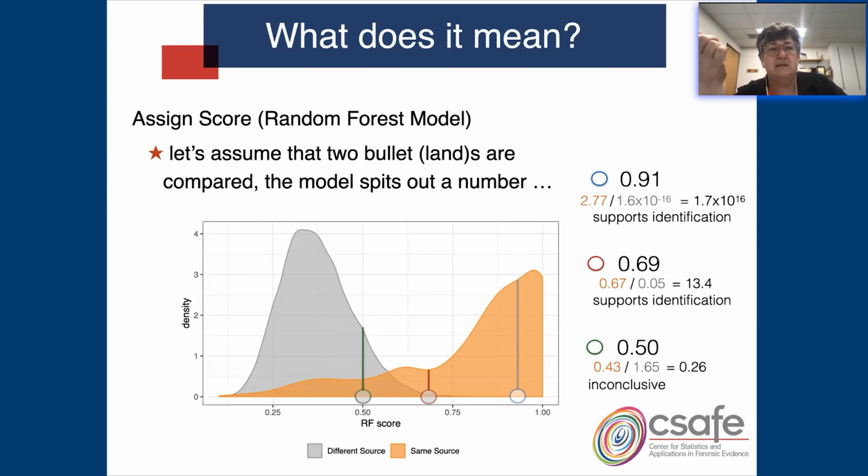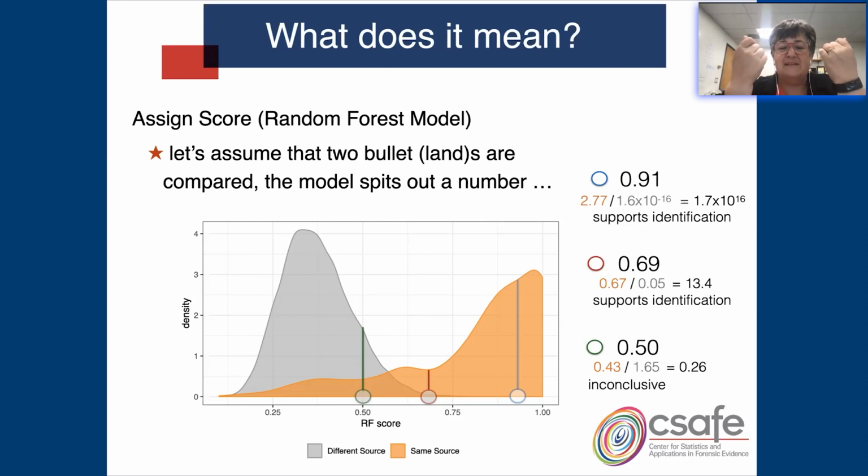So the probability that we have just two bullets that are just floating around somewhere in the world and they match. The probability for that would be the random match probability. No, the random match probability is when we assume that they are coincidental matches.